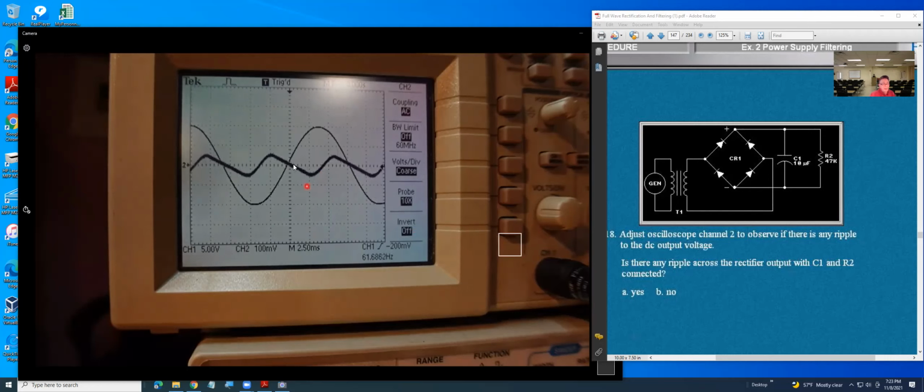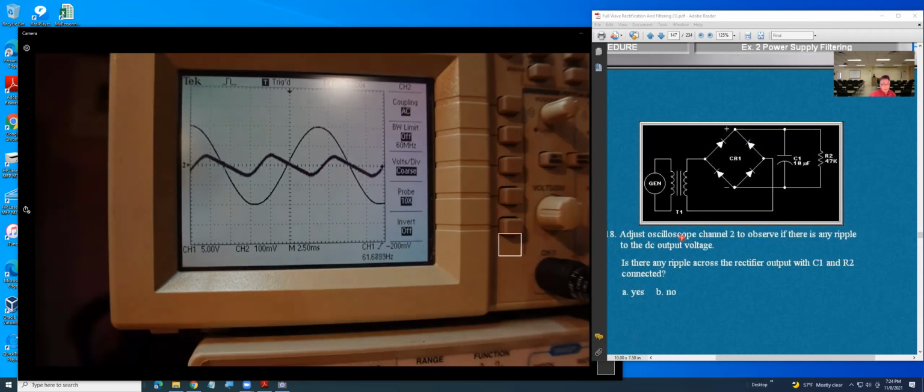The ripple you're looking at now on the oscilloscope is to show you how the ripple looks. On top of the DC, like 5 volts, 10 volts or 12 volts DC, if there is a bigger ripple, that is a problem for the circuitry.